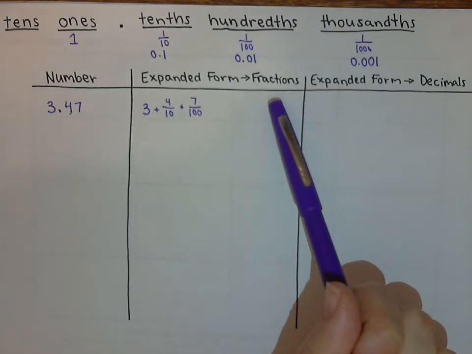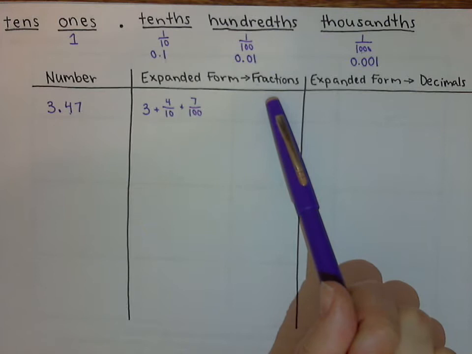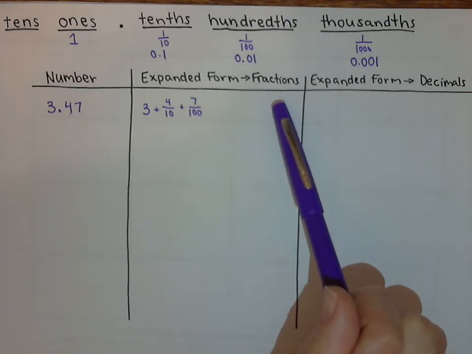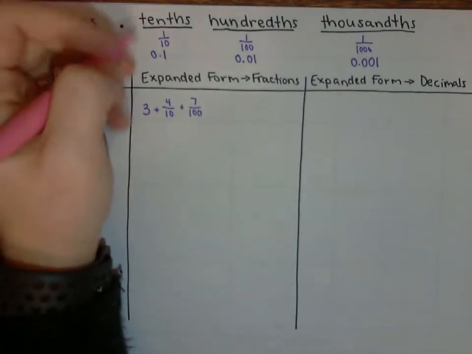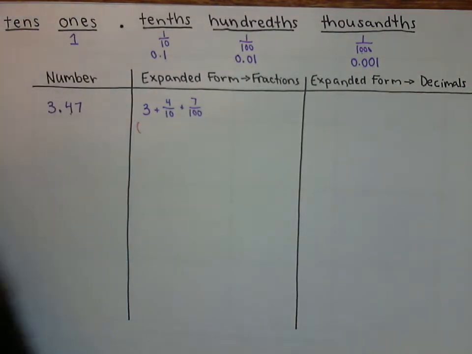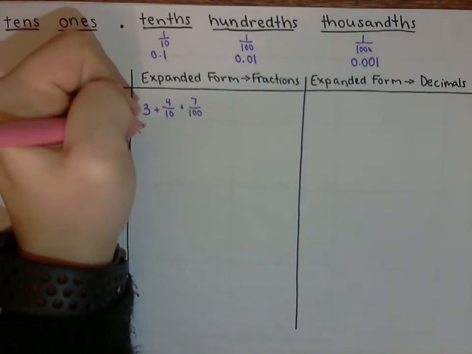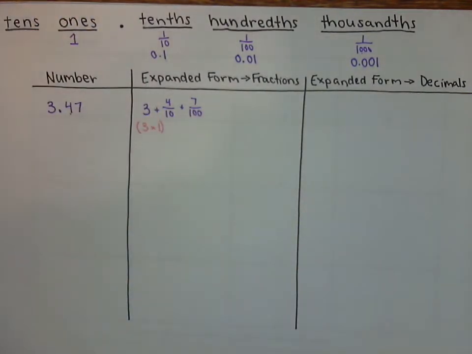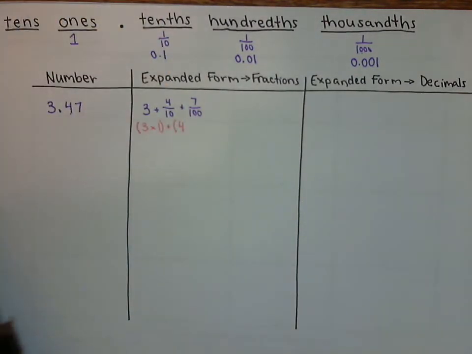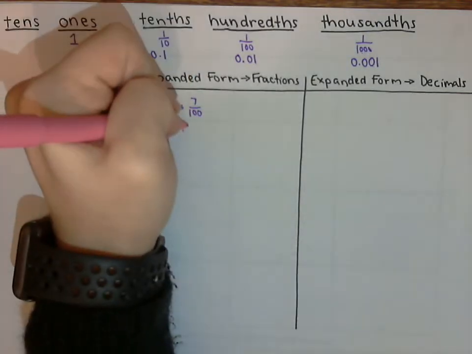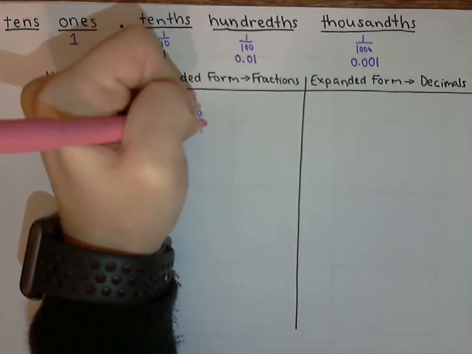Now I could also do expanded form and expand it even further by using some multiplication. What that means is that I'm looking at each digit and the place value. So I have 3 times 1. I have 3 ones. And then I have 4/10, so I actually have 4 times 1/10.